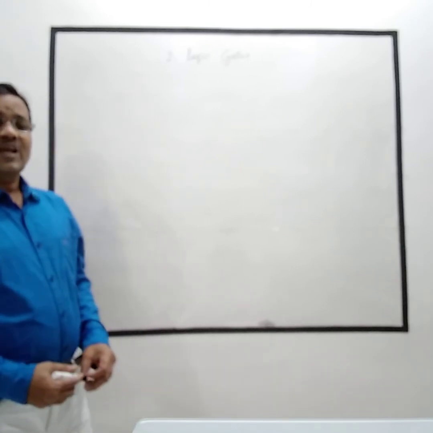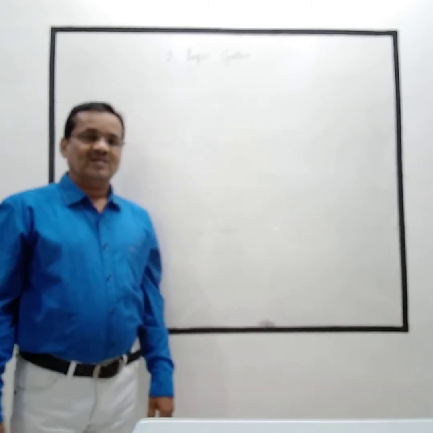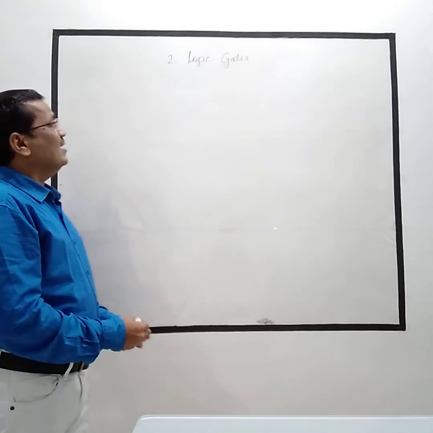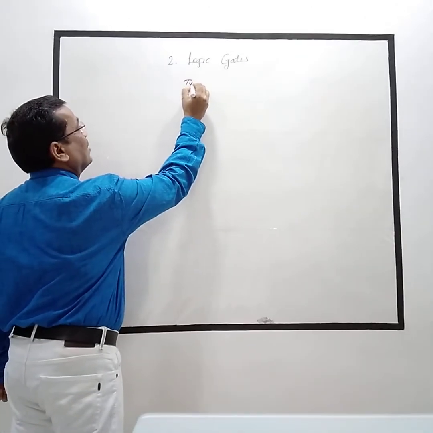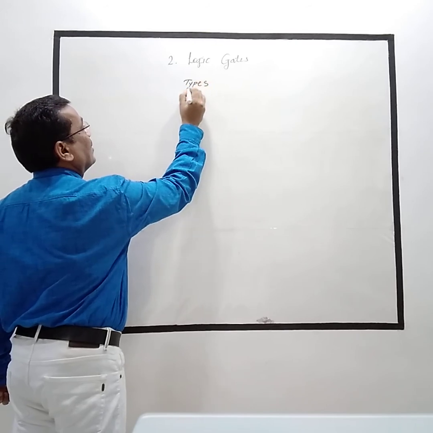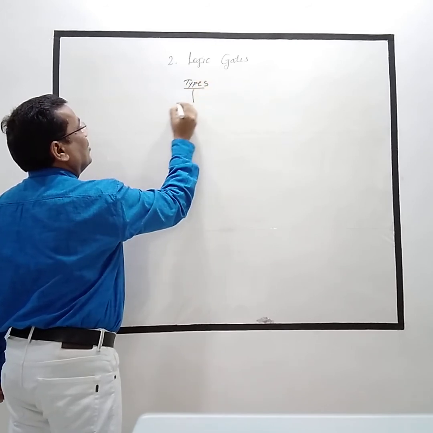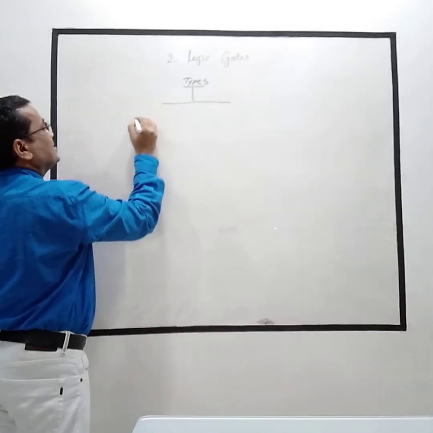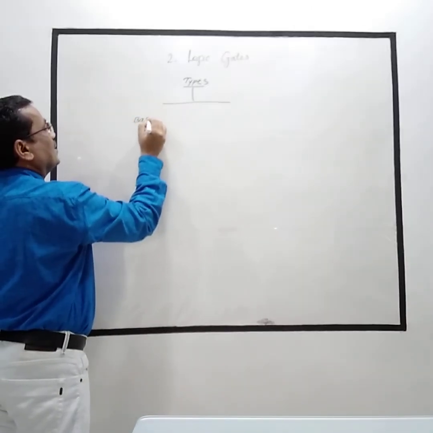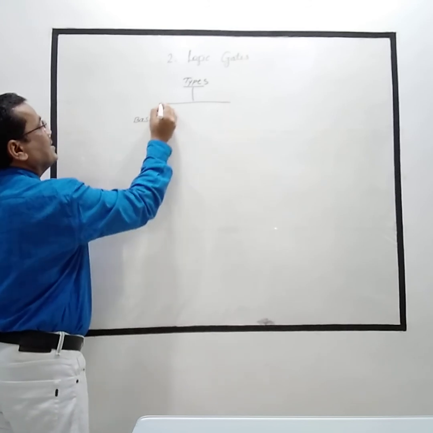Now, what are the types of logic gates? There are mainly two types of gates. Number one, basic gates.